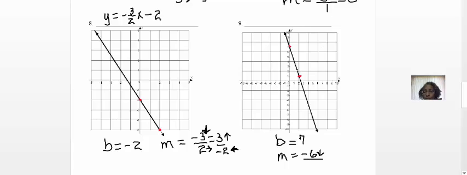Down is our negative vertical movement. And then I'm moving 1, 2 units right. So negative 6 divided by 2 is a negative 3. And in this case, I didn't go up because that took me off the graph. So this line equation is y equals negative 3x plus 7.